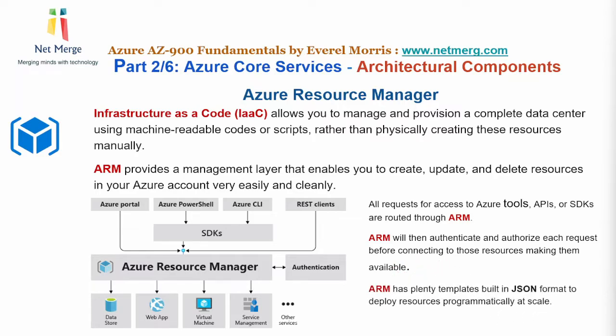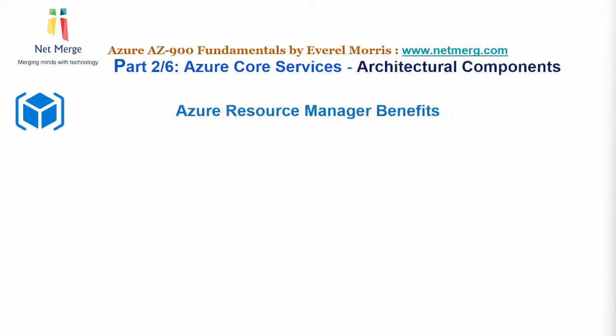You also want to understand that there are plenty of built-in ARM templates, built in JSON, that are available in the marketplace as well. If you're going to deploy a Linux machine, you probably could use an image from the marketplace that is already prepared and easy to use, so you don't have to write code from scratch. So there's a lot of support for the Azure Resource Manager.